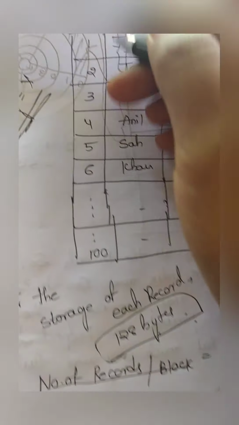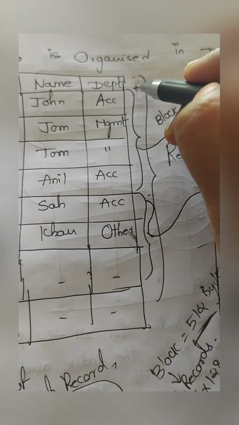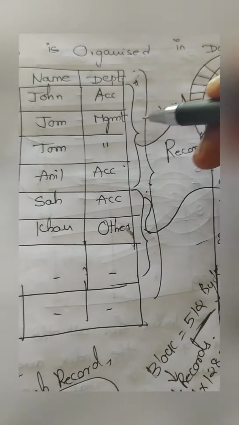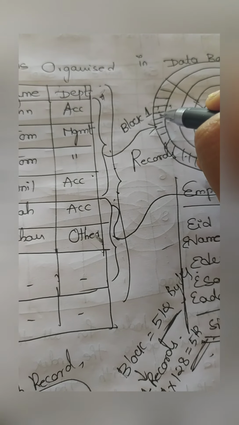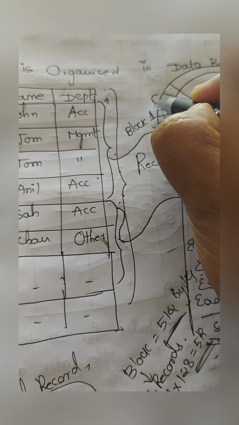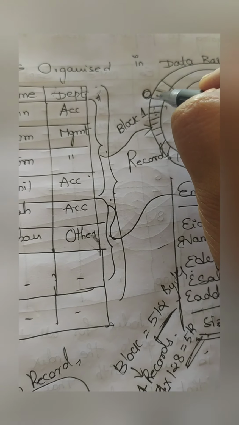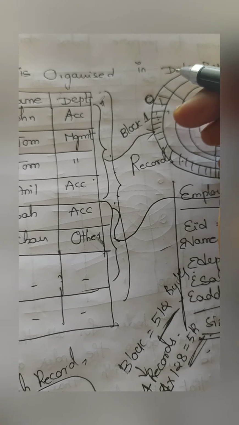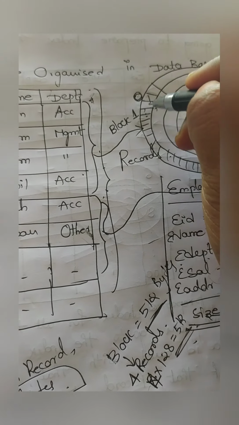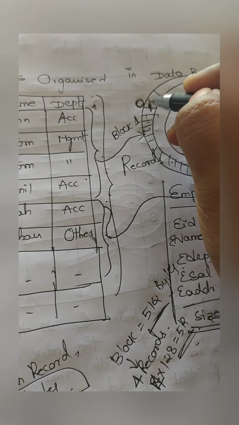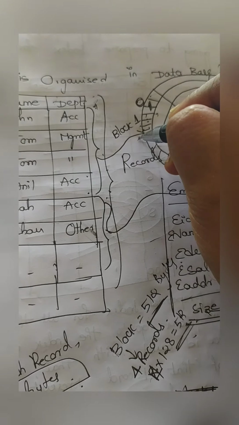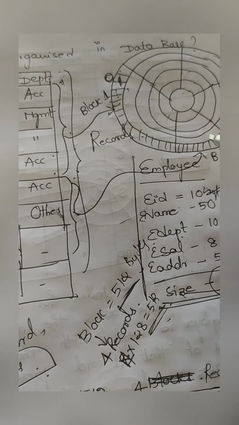For each block we may store 4 records. Here this is one block, the 0th sector, first track. This is block 1, which may contain the first 4 records, and then block 2.